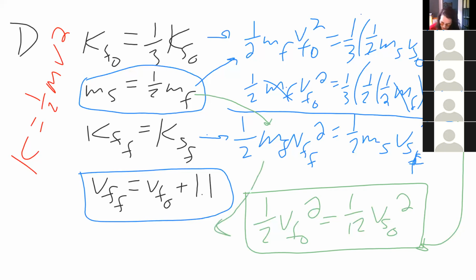Doing a similar substitution here, we'll end up with 1/2 the velocity of the father final squared is equal to 1/4 the velocity of the son final squared.